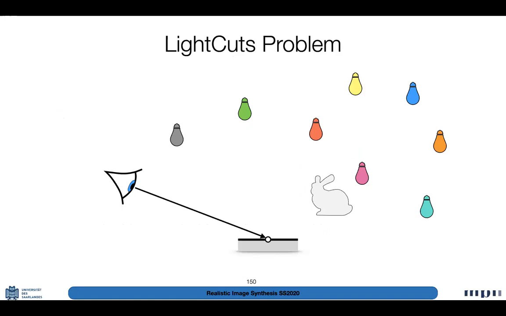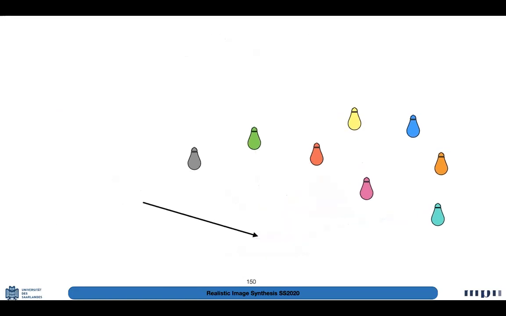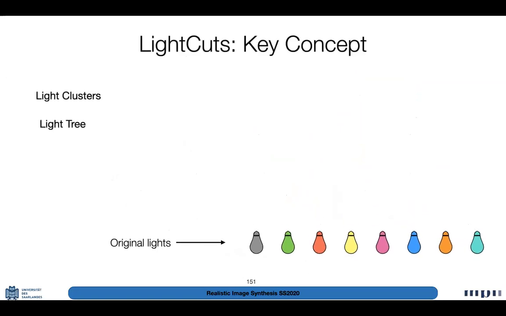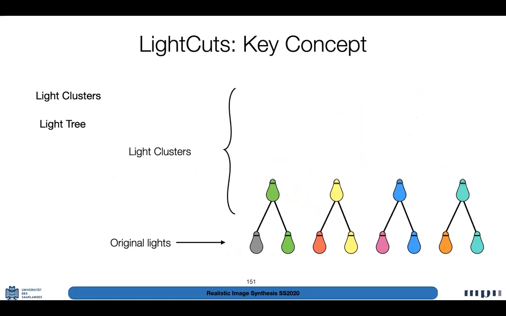If there is an occlusion in your scene, you have to handle those occlusions well. So LightCuts help amortize this computation. The way it works is that you have your original lights and you create a light tree from these original lights, which represents your light clusters.